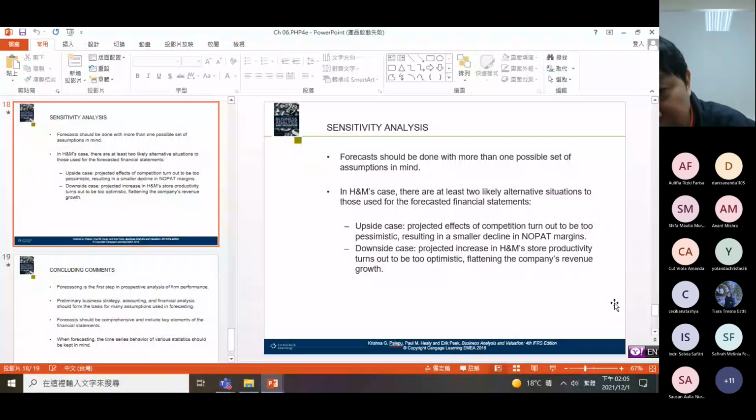Upside case: the projected effects of competition turn out to be too pessimistic, resulting in a smaller decline in NPAT margins. Downside case: the projected increase in H&M store productivity turns out to be too optimistic, threatening the company's revenue growth.